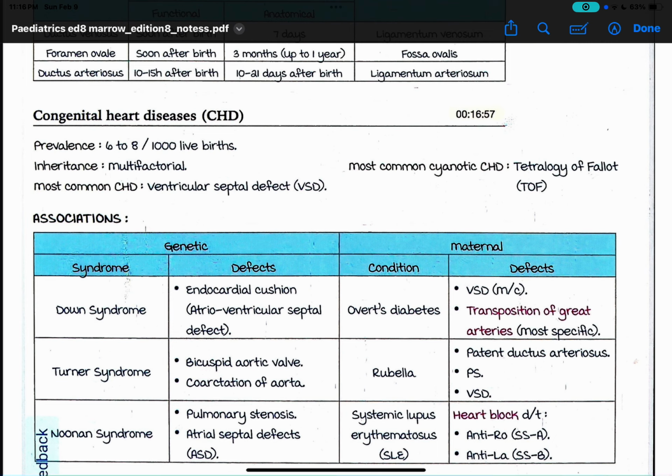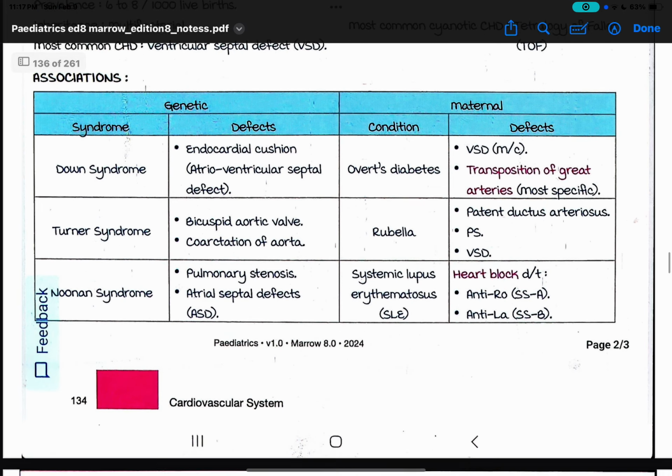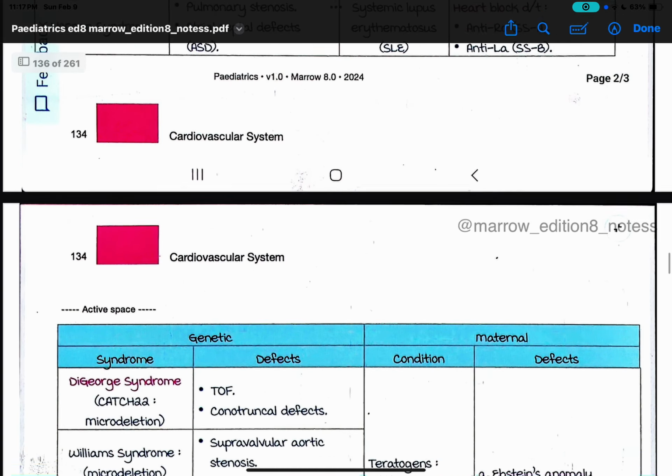Maternal condition: overt diabetes, VSD most common, and transposition of great arteries most specific. Rubella, patent ductus arteriosus, pulmonary stenosis, and ventricular septal defect. Systemic lupus erythematosus, SLE, heart block due to anti-Ro, SSA, and anti-La, SSB.